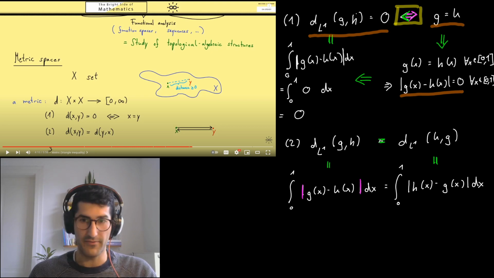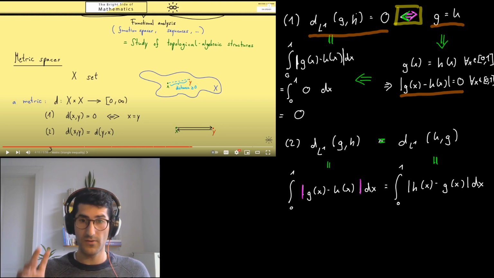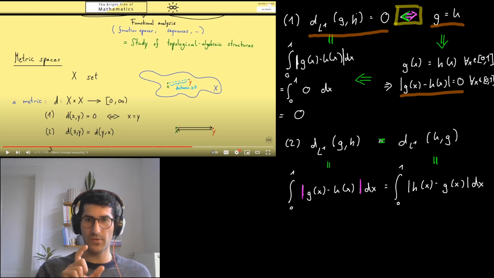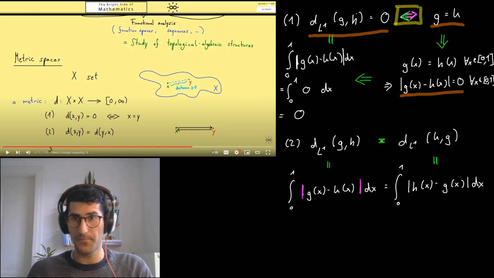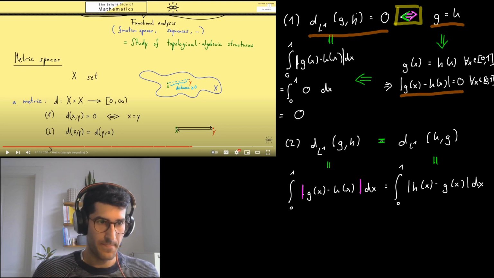So what we have now shown with a very easy calculation that was hands-on is that the metric that we just introduced to our space of continuous functions also fulfills the symmetry property. So the property that we can swap the two arguments of our function. So we're already on the finishing line. Let's take a look at the last property.